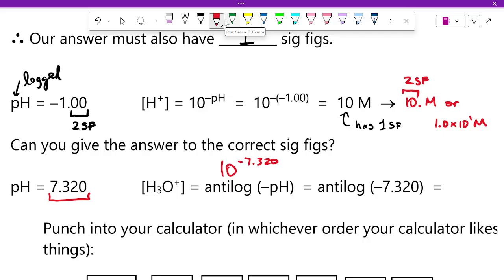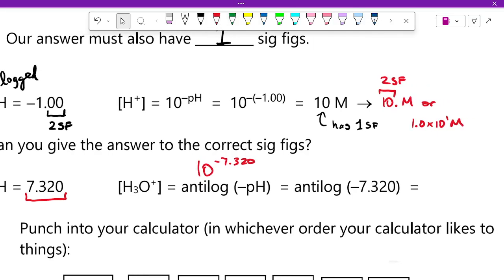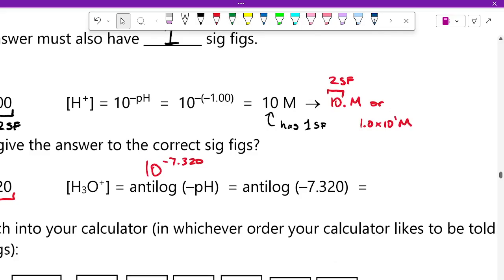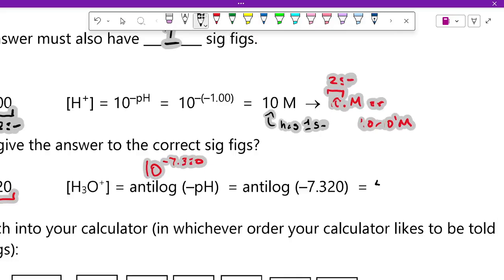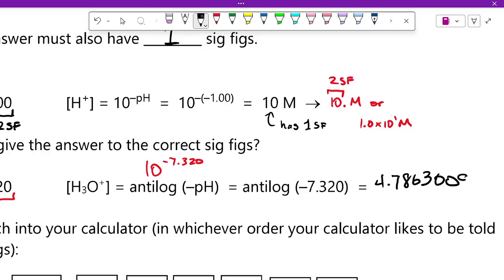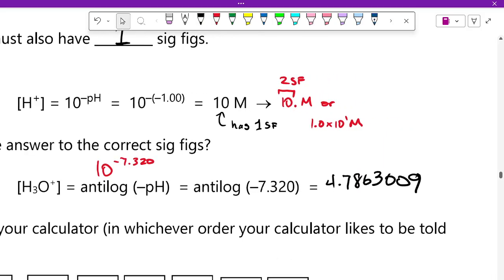Throw that in your calculator. We get 4.78630009 times 10 to the negative 8.